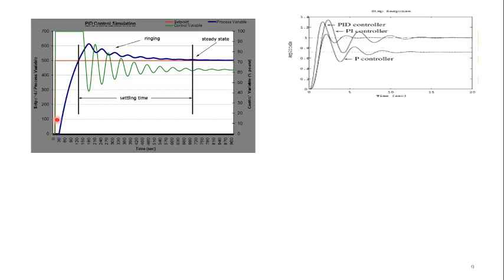Then we can see the first one, the proportional type of controller. Here it is going to oscillate and settle after a settling time. Then we have one more type of input here, which is also one type of PID.